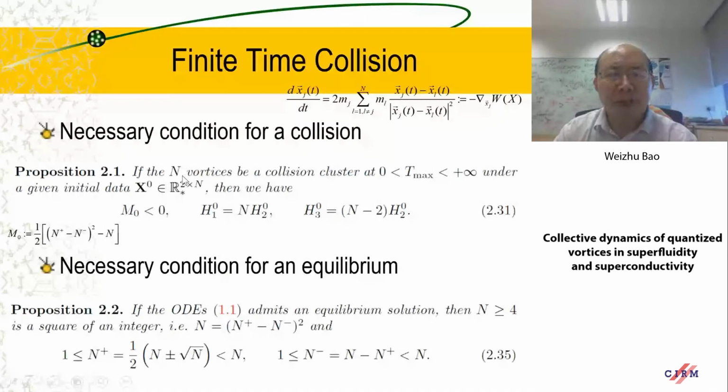Of course, if initially the triangle has one edge larger and the other smaller, then the ones with short distance will merge with each other, something like that.